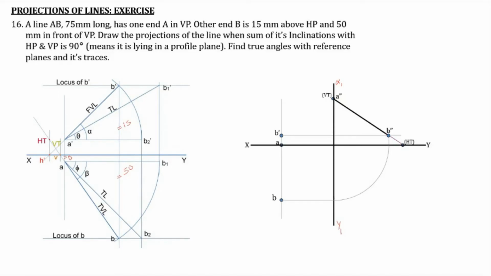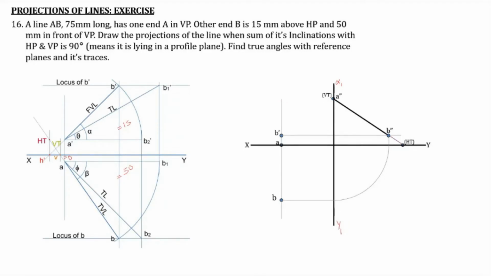Now we have to find out the point A dash, the front view of A. So from B double dash, we draw the locus of B dash. The locus of B dash passes through B dash as well as B double dash. If we draw the locus of A dash, which is a horizontal line through A double dash, it should pass through A dash also.